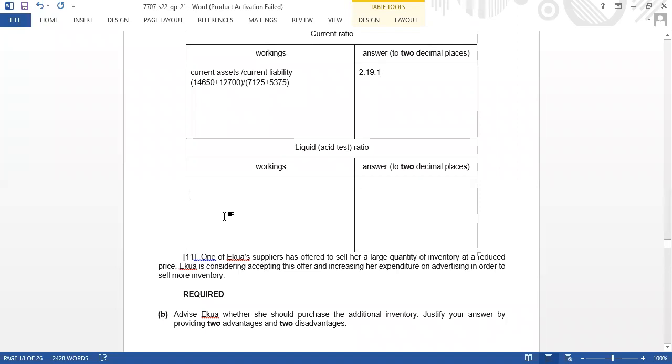Okay, liquid test ratio. We'll write current assets minus closing inventory.